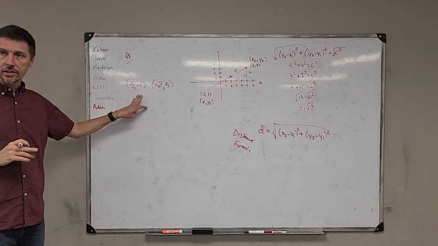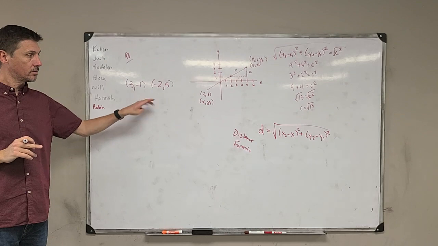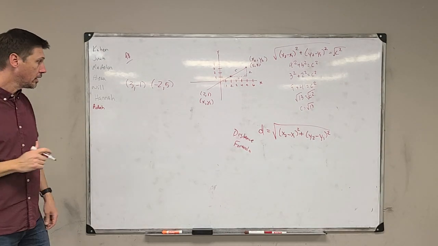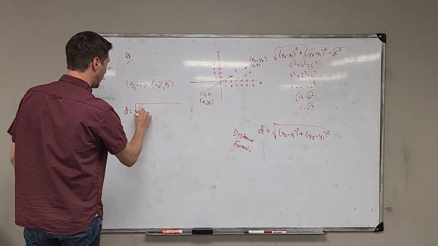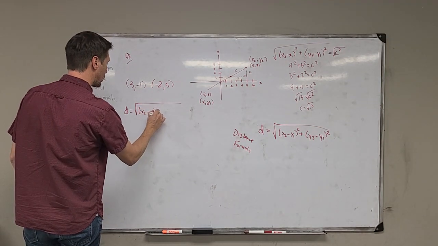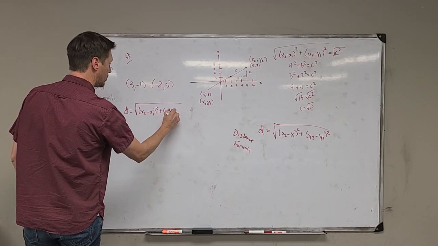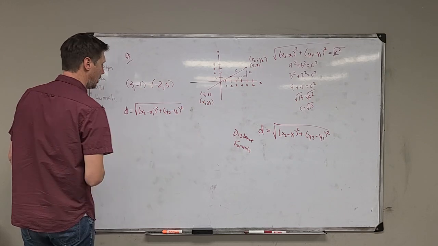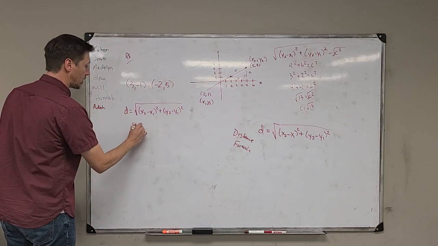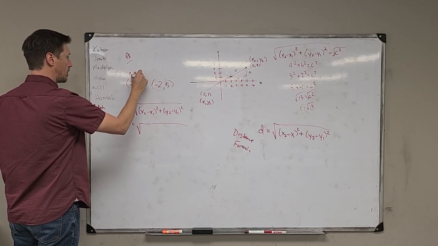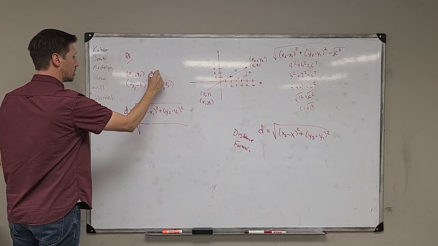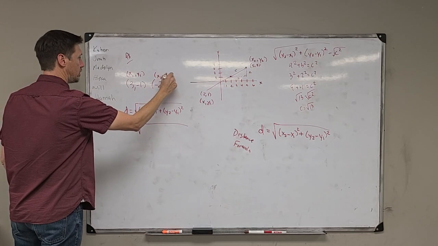So let's see if we can find the distance between these 2 points, based on that formula. So I'm going to rewrite our formula down. D equals the square root of (x2 minus x1) squared plus (y2 minus y1) squared. And so that means D is going to be equal to the square root of, this is my x1, this is my y1, this is my x2, this is my y2.